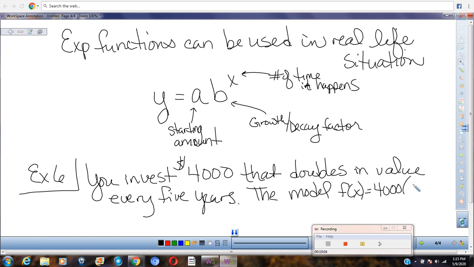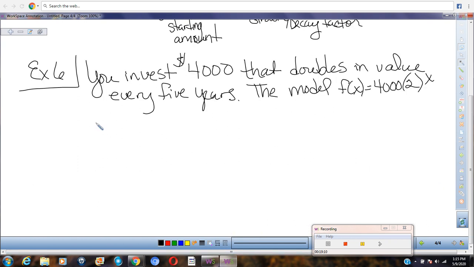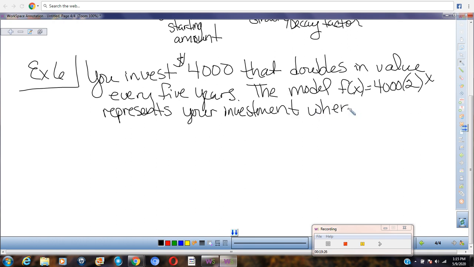It doubles, that's your growth factor, to the x, represents your investment, where x is the number of doubling times.